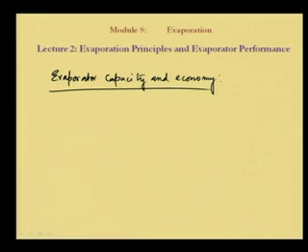So, these are two important terminologies related to evaporation. The first one is the evaporator capacity. From the name itself we can see it is the vaporization capacity, but it has a very specific definition.